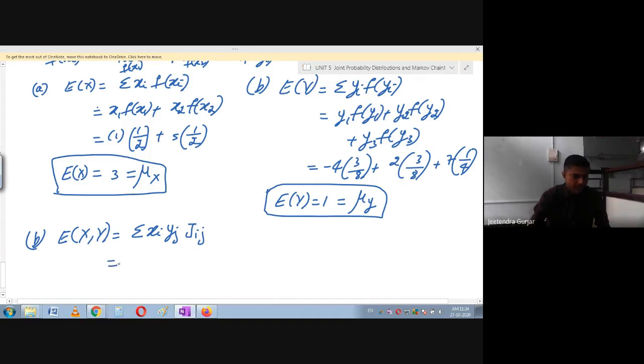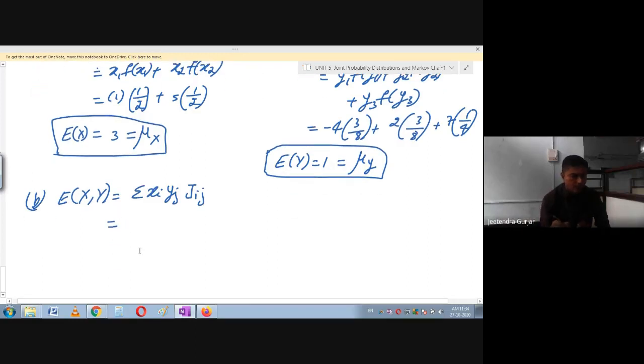So how will we simplify this, students? Very simple. See, a very important step: this is the expectation over the joint probability. Today only we are going to simplify this problem.